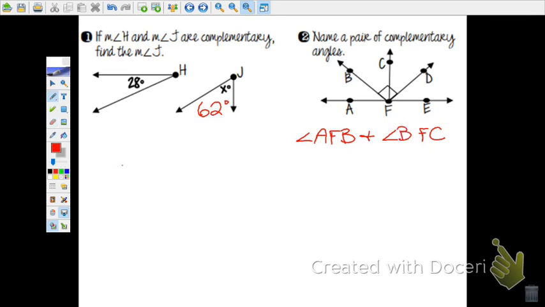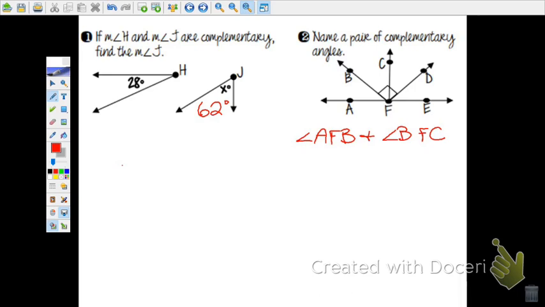Do we know that those two angles are complementary? Yes. How do we know that? Jean, how do we know they're complementary? Because they're adjacent to each other and they're right side by side.